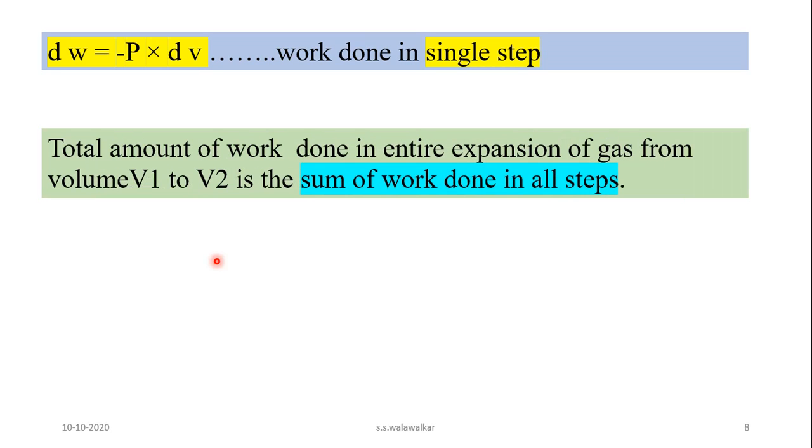Now if you want the total work done in the entire expansion of the gas from initial volume V1 to V2, you have to add all the work done during each step, that is the dW terms. The sum of these dW terms will give the total amount of work done during the entire expansion of the gas.